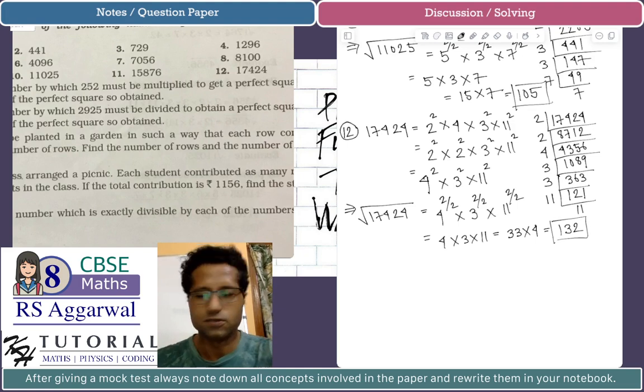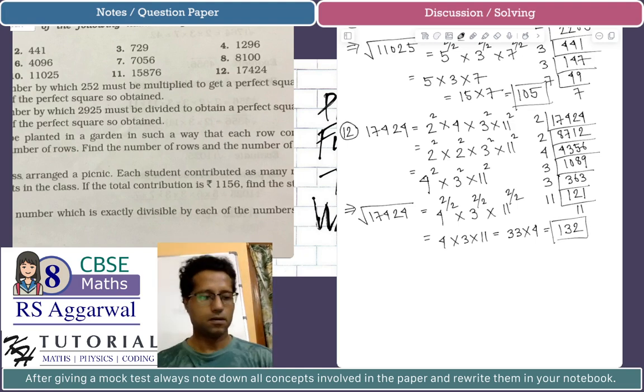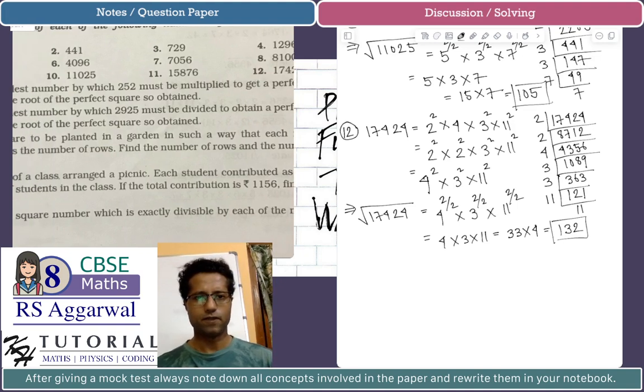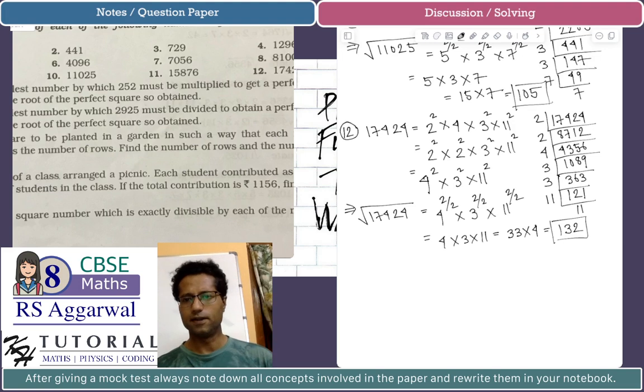So let me check if this is correct or not. 132 multiplied by 132 is 17424. Okay, so I will not do the rest of the problems of finding the square root. I hope you got the idea and you can do the rest.